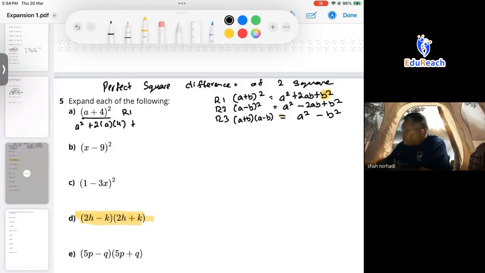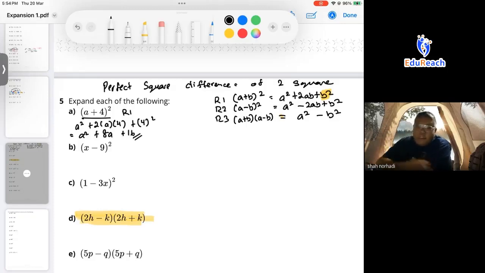So plus b square is actually plus 4 square. So you are just replacing the value to the variable or the unknown lah, a plus b lah. So here you can simplify. A square, 2 times 4 give you 8, so plus 8a plus 16. Because 4 square is 16, not 8. 4 square is not 8. I still have students giving me 4 square is 8.